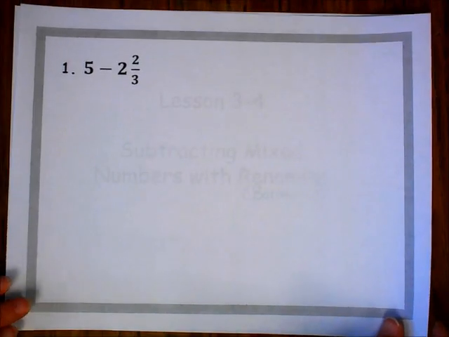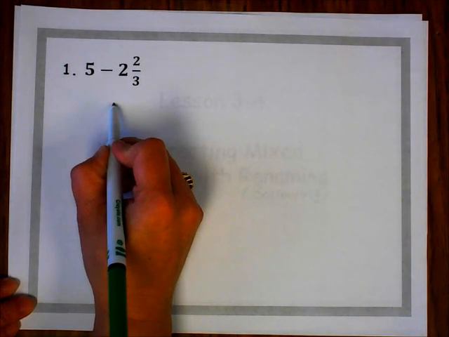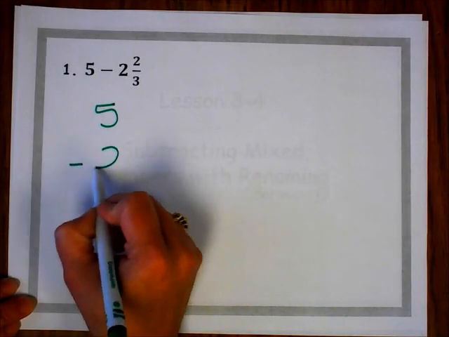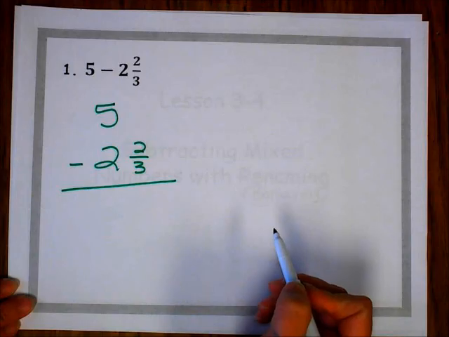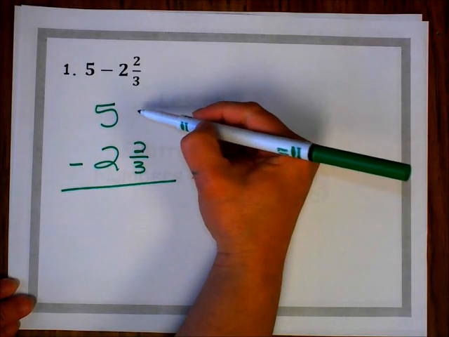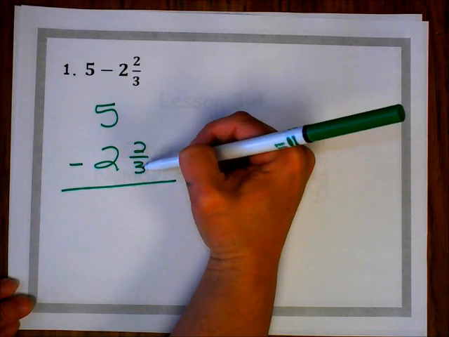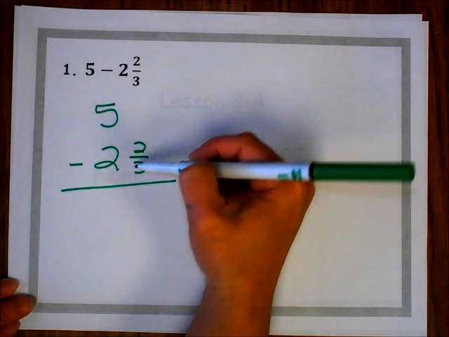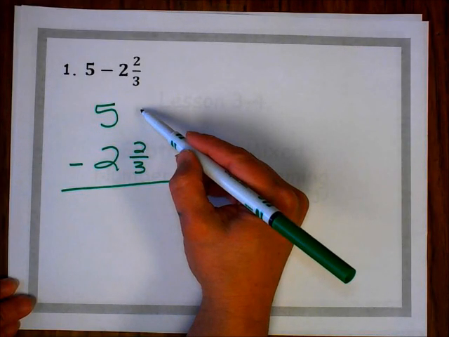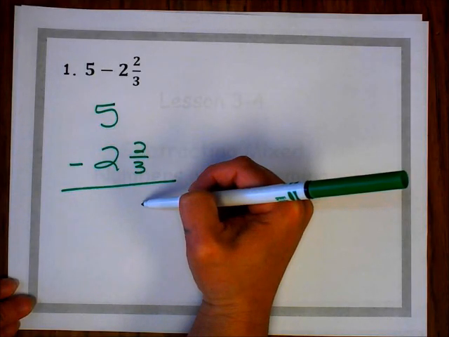So let's look at question number 1. Number 1 says 5 minus 2 2/3. Now notice, there's not a fraction here for me to subtract from. The most common mistake that students make is they think, oh, there's nothing there, so I can bring 2/3 down.